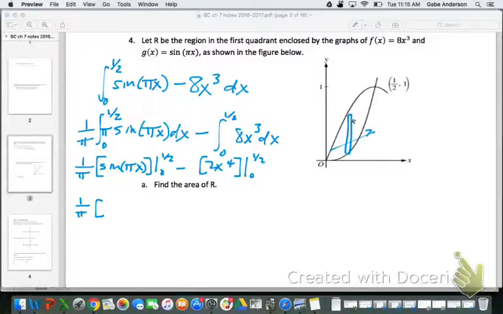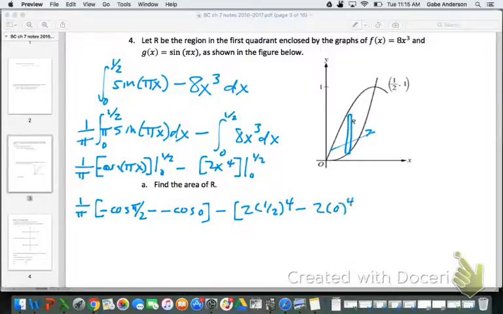Negative cosine should go right there. So negative cosine of pi over 2 minus negative cosine of 0, minus 2 times 1/2 to the 4th minus 2 times 0 to the 4th.